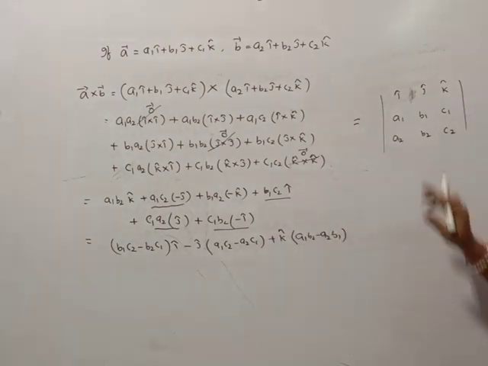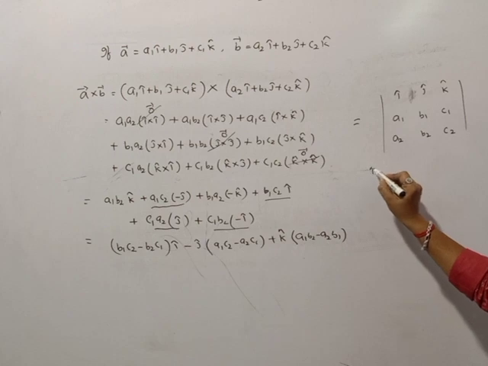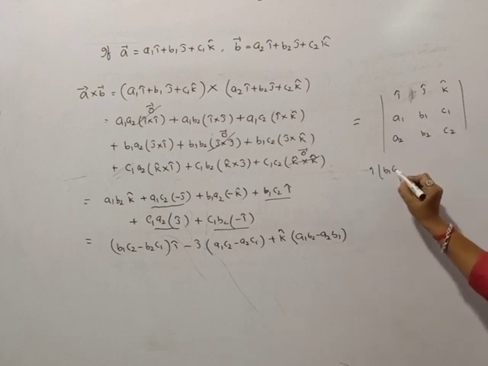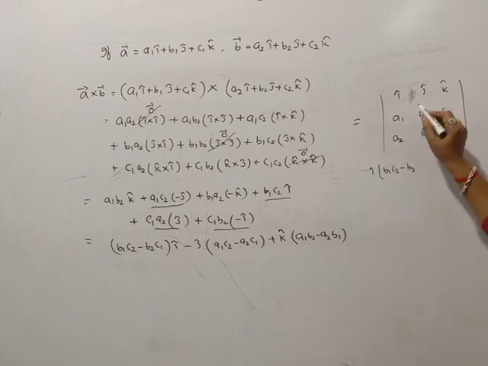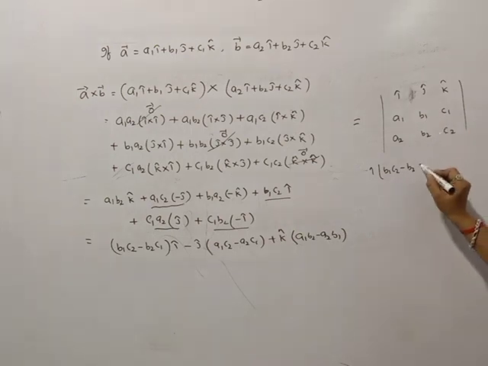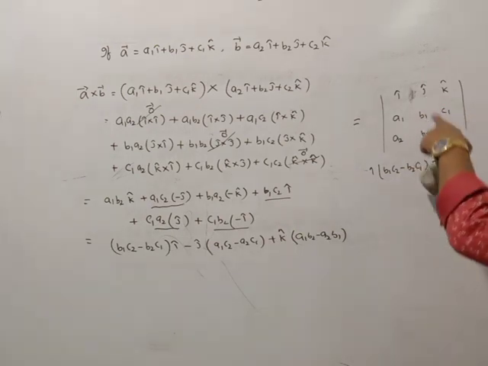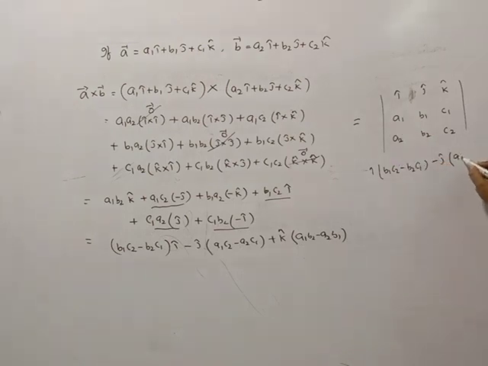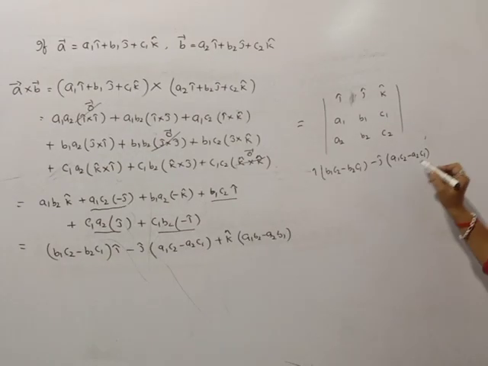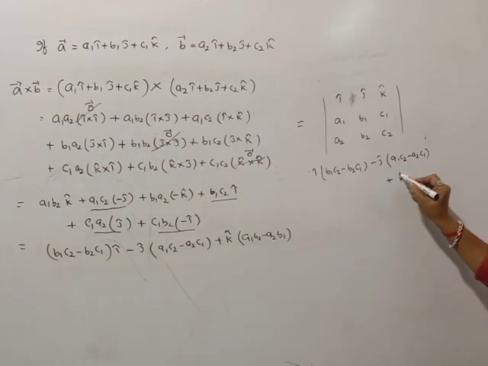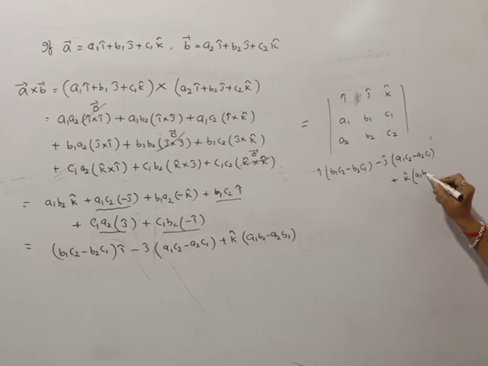Find this value first of all. i cap into B1 C2 minus B2 C1, minus j cap into A1 C2 minus A2 C1, plus k cap into A1 B2 minus A2 B1.